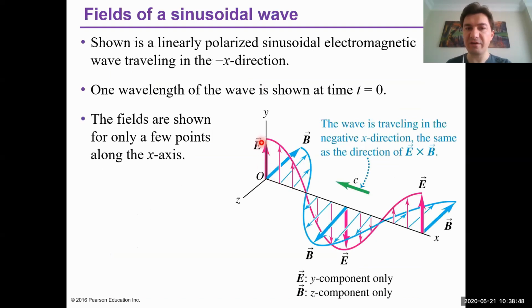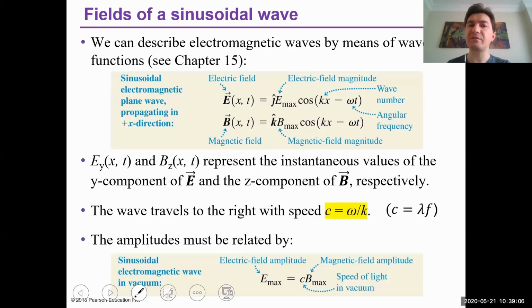What do you see here? This is the electric field. When x is here, or here, or here, we have different electric field components, and of course, as a function of time, the electric field component also changes.